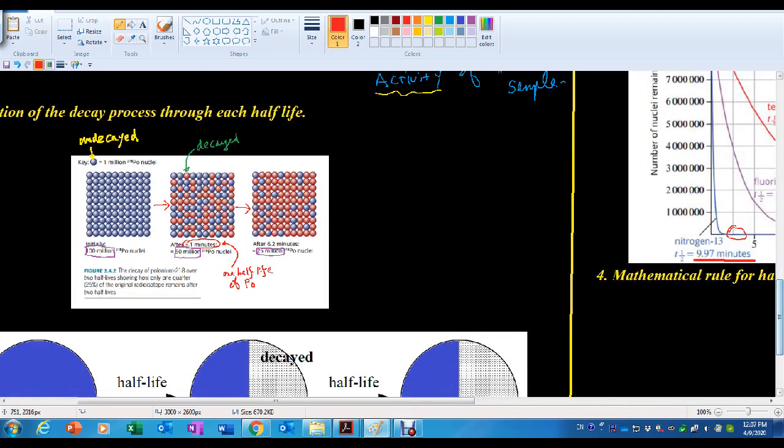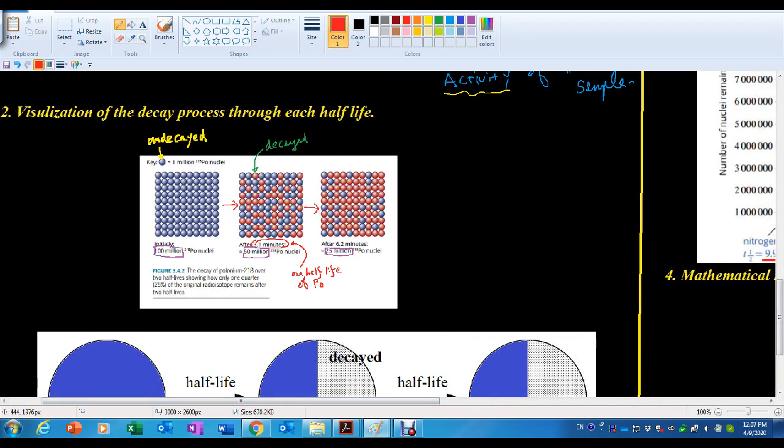Okay, still remember this illustration? So totally, there is a group of undecayed nuclides in blue color, right? After one half-life, there is more red color, that means decayed nuclei. And there are more and more after that, but they are still in the sample. So that's the key.